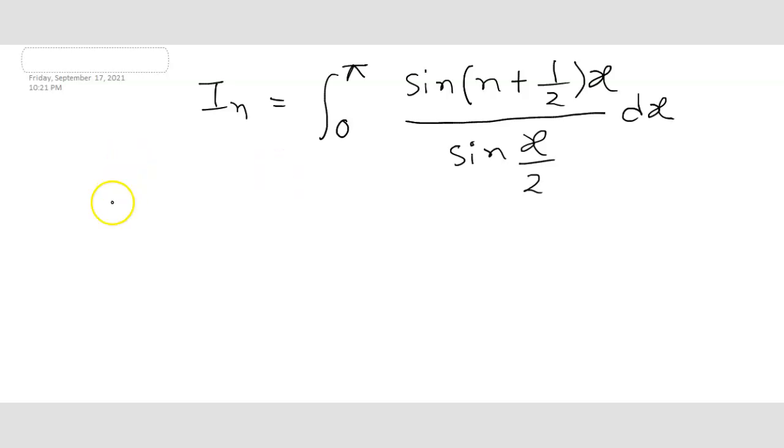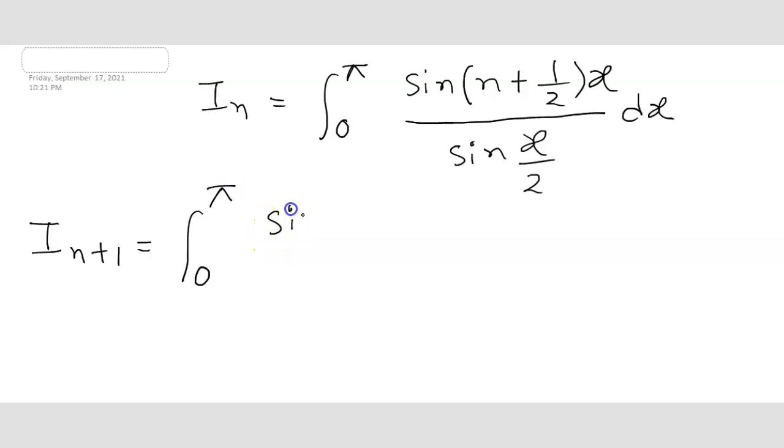So let's begin. Now we can see that we have been given the formula of I_n, and we have to find the value of this I_n. Now what will be I_(n+1)? This is simple because we have to replace n by n + 1.